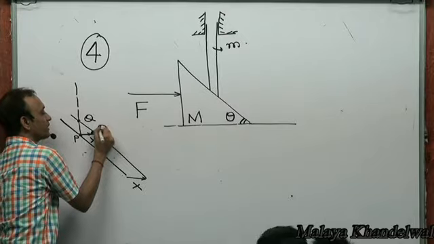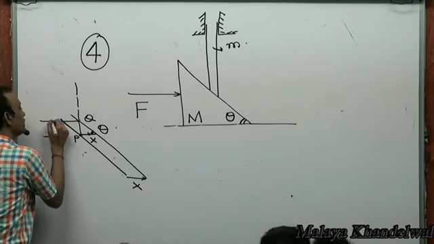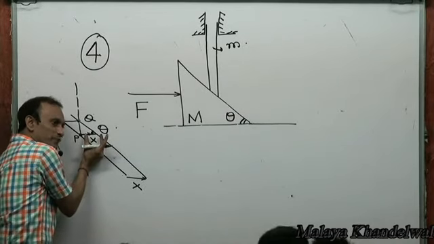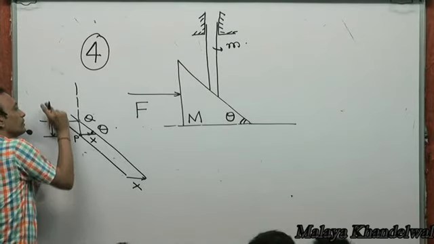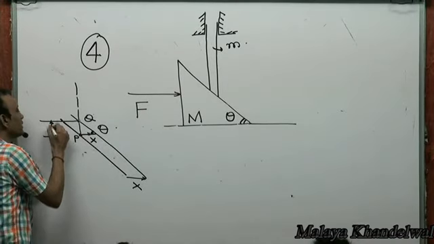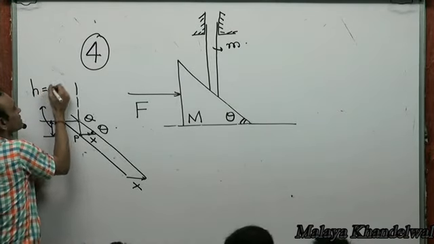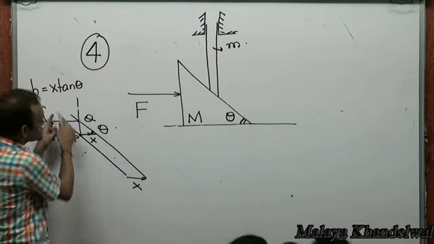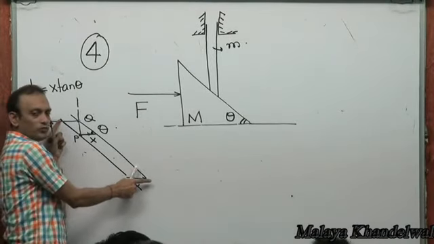This angle is theta. So, very clearly, do you realize that if the plane moves by an amount x to the right, the rod moves up by an amount h equal to x tan theta, isn't it? I can explain again for those of you who are still unsure: h is x tan theta. See, this was the original state of the inclined plane. The inclined plane moves to the right by an amount x.